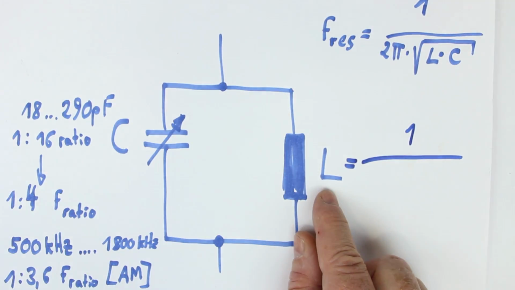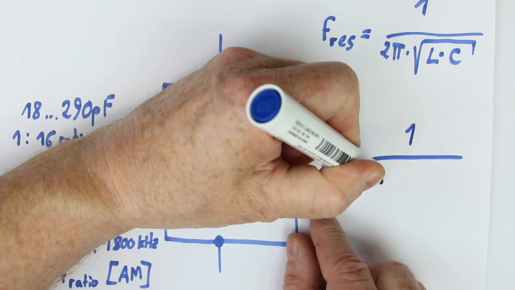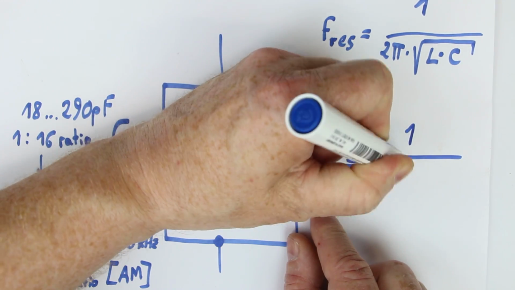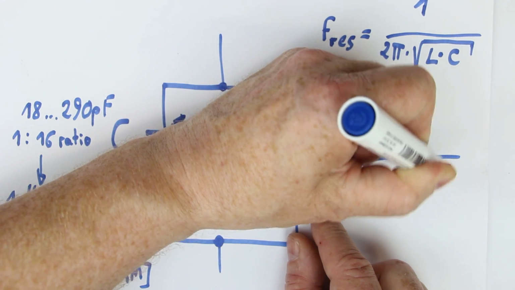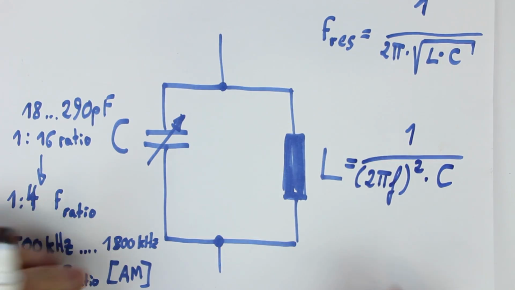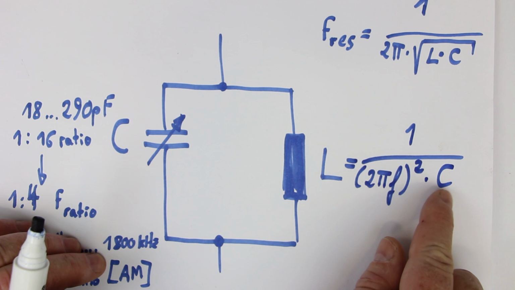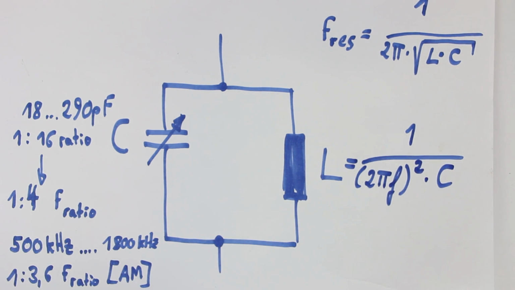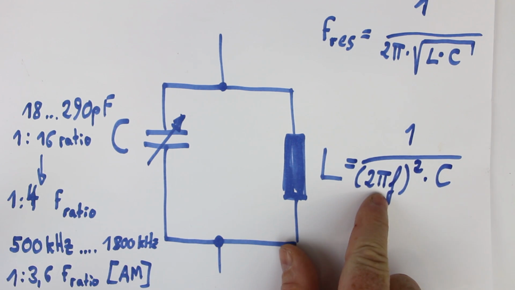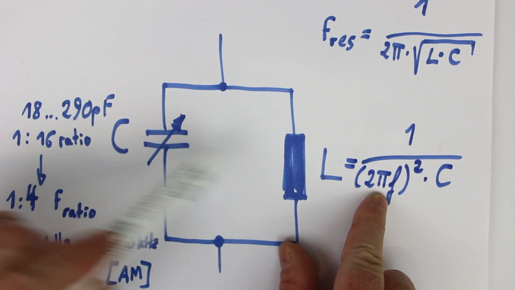It's 1 over 2 pi times the resonant frequency squared times the capacitance C. And by the way, if you want to calculate C, you just can swap L and C. They are interchangeable. And now let's take an example with our circuit.